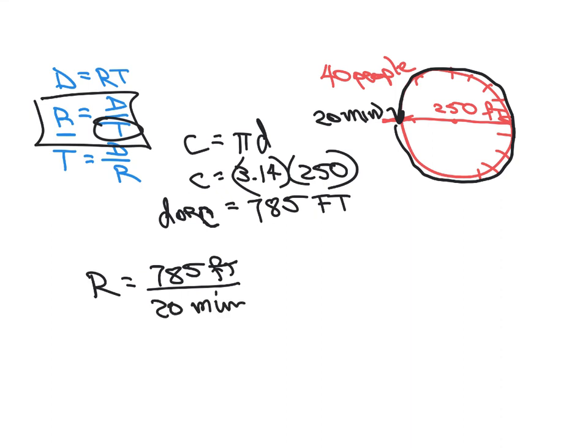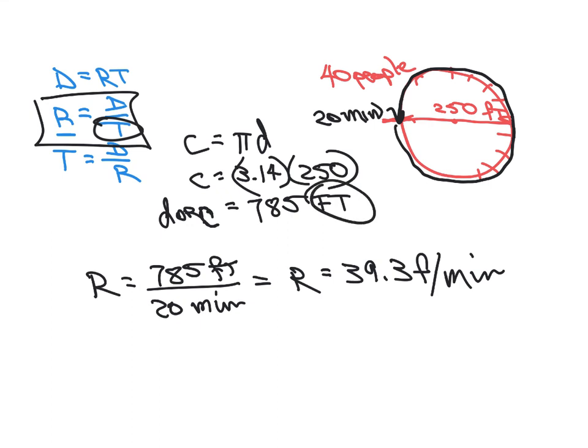Okay, we divide this out and we get the rate equal to 39.3 feet per minute. That's the speed we end up going, because this is in feet and this is in minutes. We could have used conversions and made this miles per hour, but we're only interested in getting the speed, and given the information we have, we're not going to change it to miles an hour.